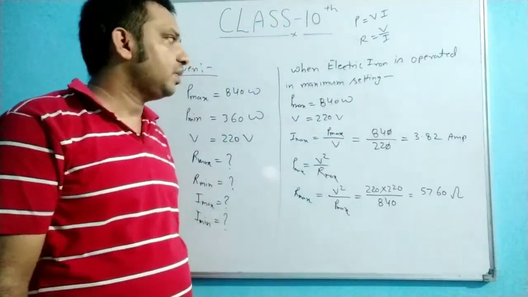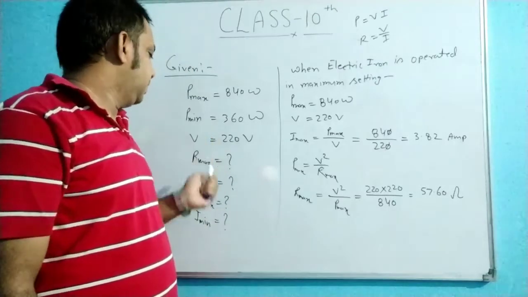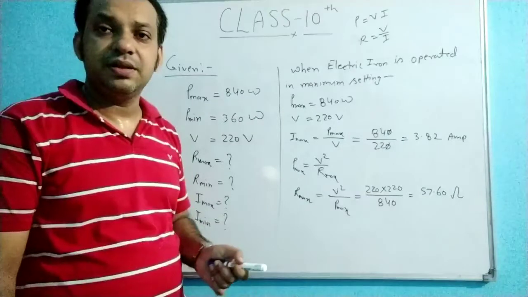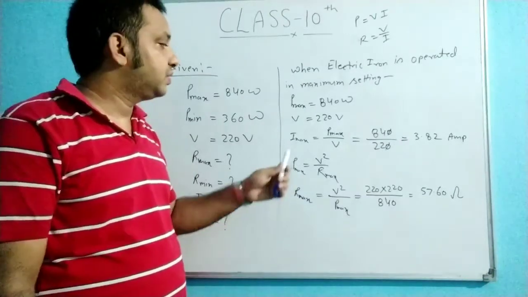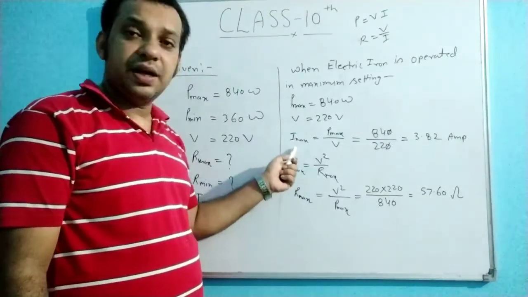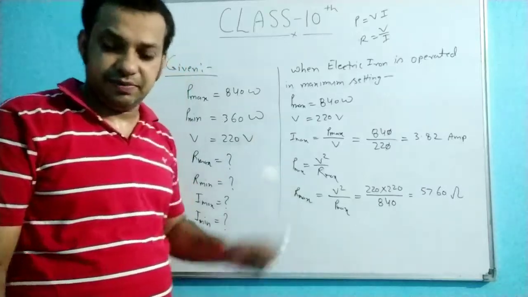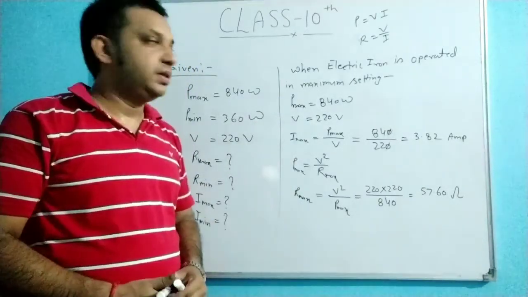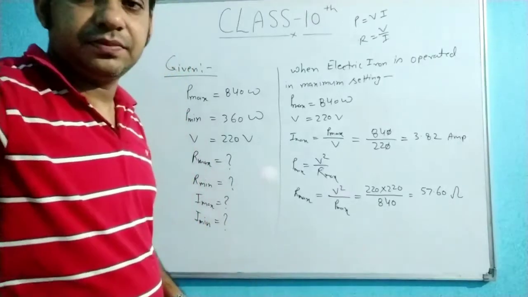Similarly, we have to find the value of the current and the resistance when the electric iron is operating under the minimum setting. The process is the same.